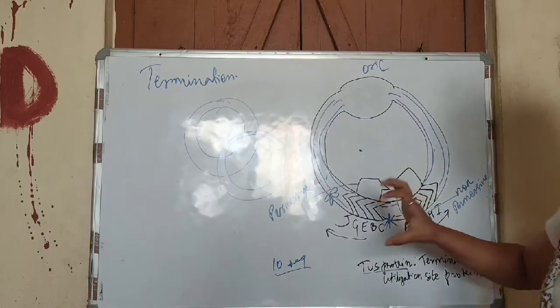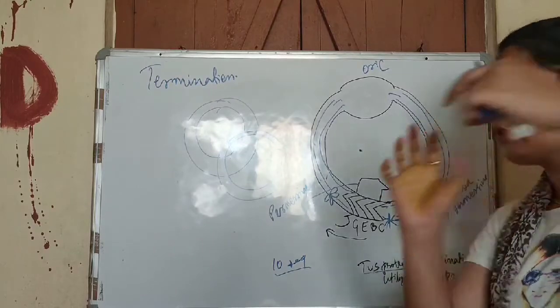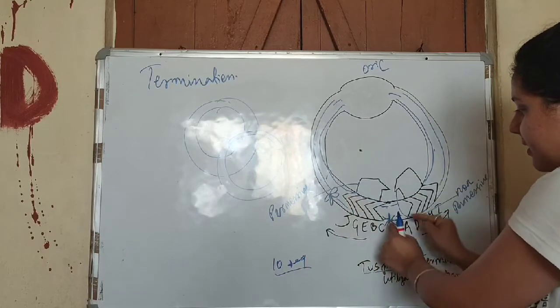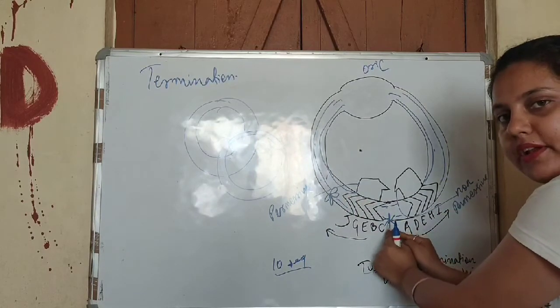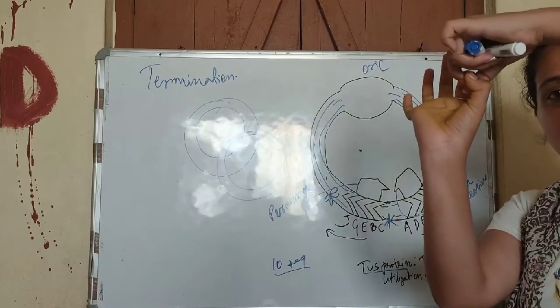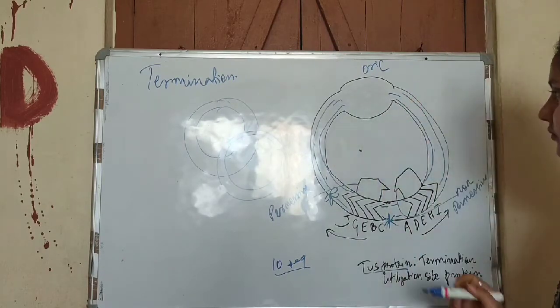Out here they will form somewhat this kind of structure, because from this side also it is coming and from this side also it is coming, and it will be terminated somewhere here, and then they will form this kind of structure, right?